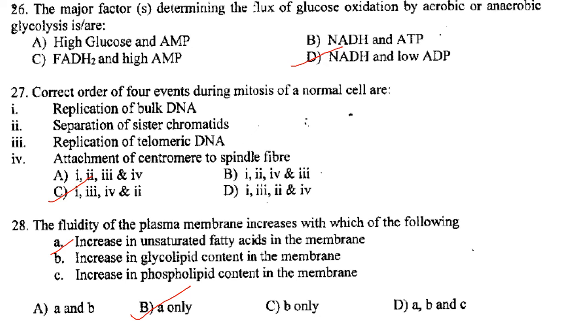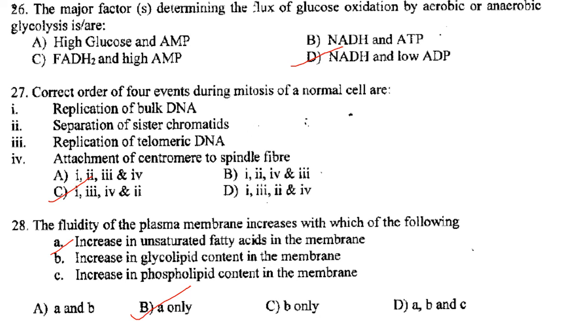Then next one will be replication of telomeric DNA, that is option 3. Then after that you have arrangement of centromeres to spindle fiber, that is 4, and then separation of sister chromatids, that is 2. So the correct order during mitosis is 1, 3, 4 and 2.